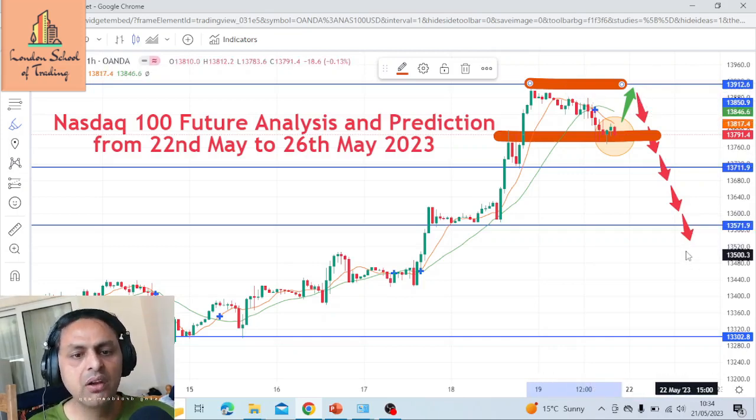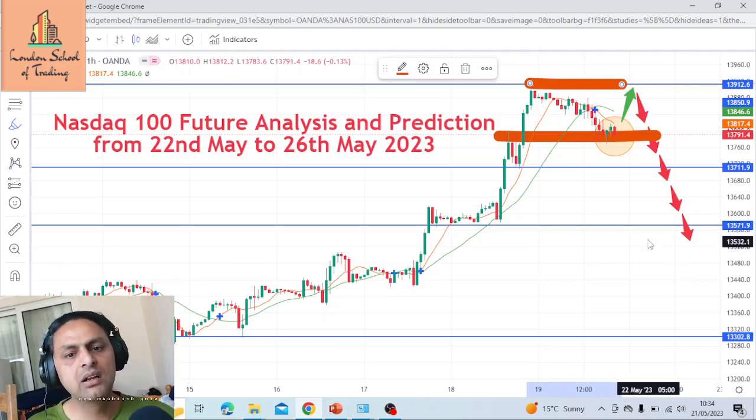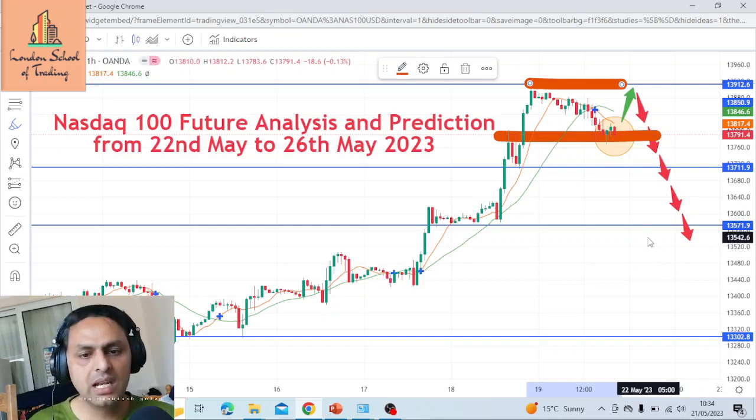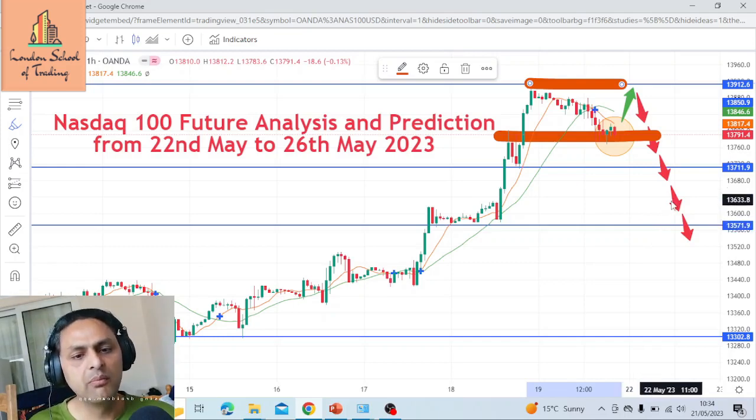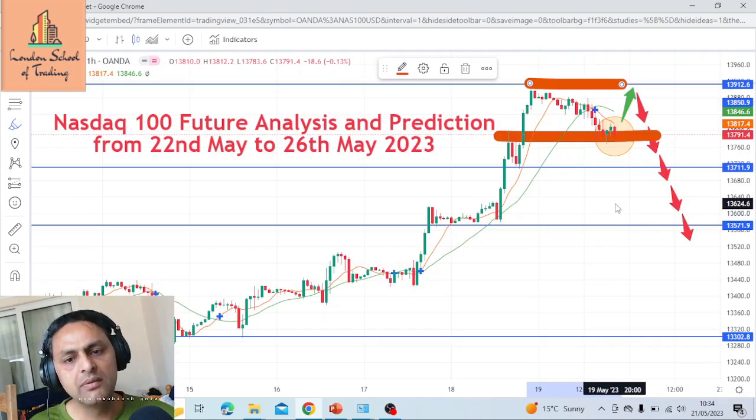It will keep on falling, okay? No matter whether the Fed says no interest rate hike or positive or negative data, nothing will stop the market from going down. That's the reason. Be careful about what type of situation will be in debt ceiling.